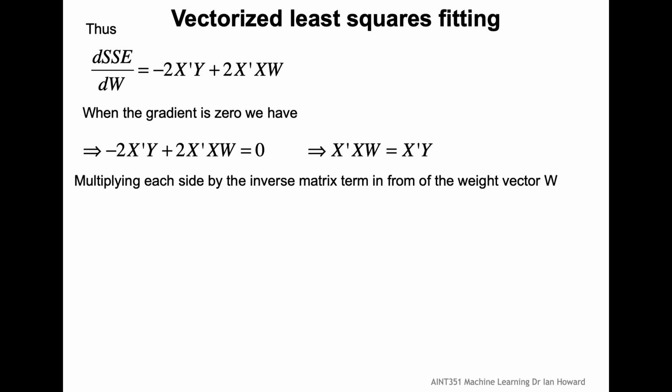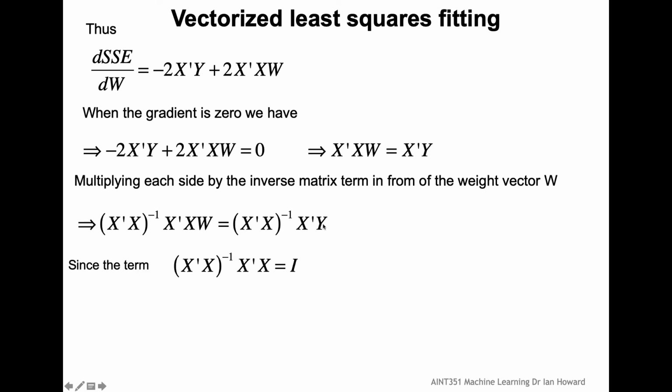Now if this was just a simple scalar equation, you just divide each side by the factor in front of w, but we can't do that because generally speaking it's going to be a matrix. So what we do is we multiply each side by the inverse of x transpose x, because then we have x transpose x inverse times x transpose x w equals, and then the same on the other side, x transpose x inverse times x transpose y.